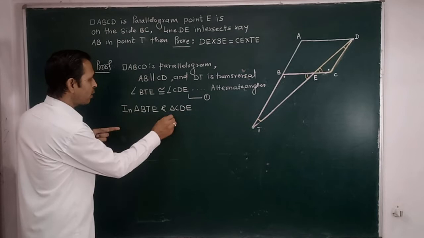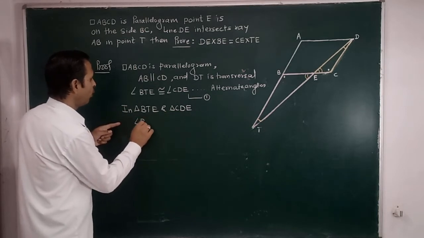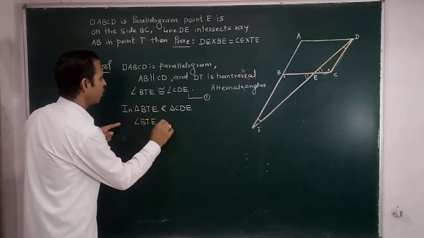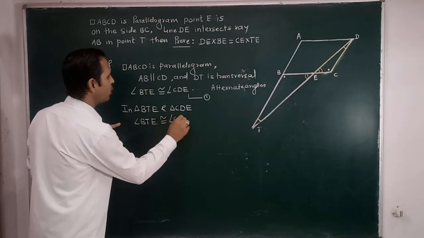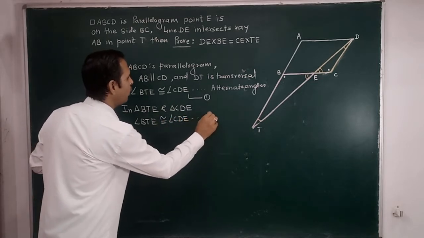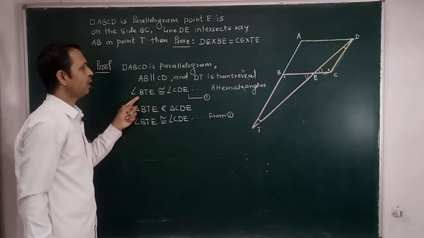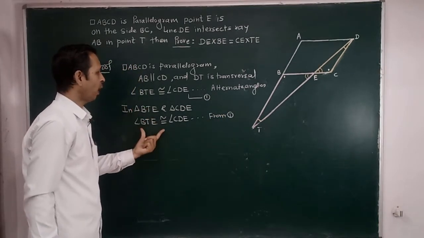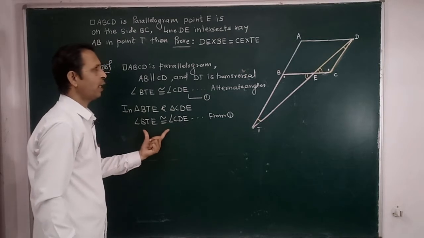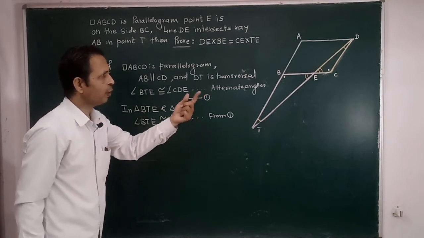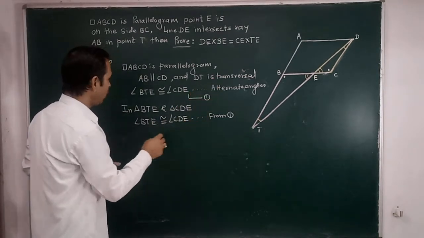And in these triangles, angle BTE is congruent with angle CDE. Why? Because from 1 the alternate angles are there, and that's why from 1 these two angles are congruent. Take any one more angle, that is BET.